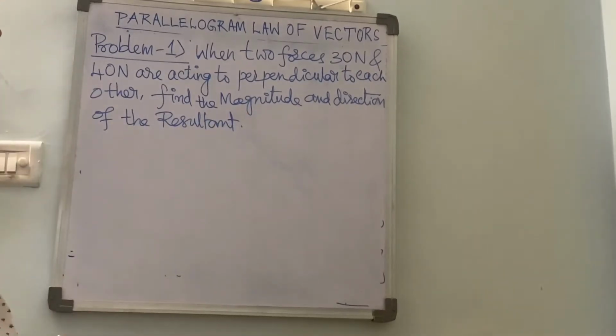When two forces, 30 Newton and 40 Newton, are acting perpendicular to each other at a point, find the magnitude and direction of the resultant.